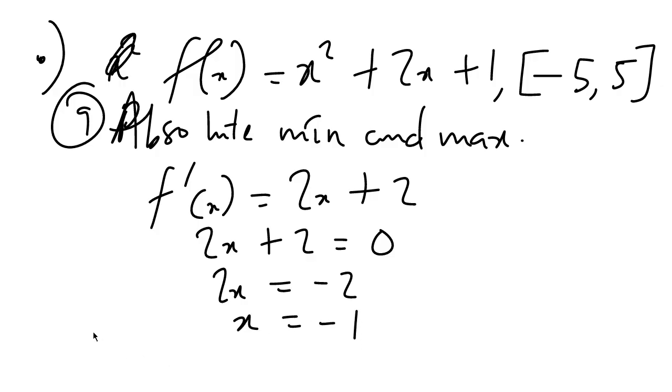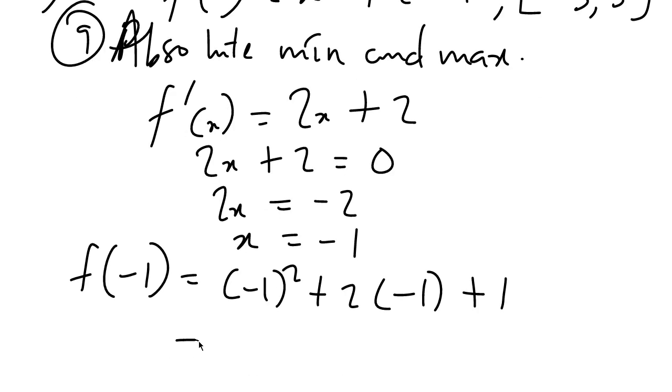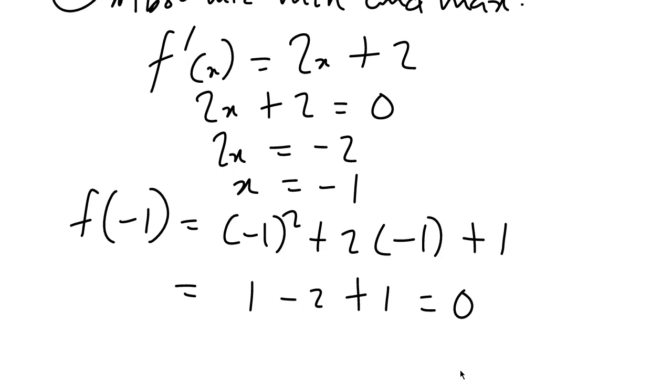Then at f of minus 1, you have minus 1 squared plus 2 into minus 1 plus 1, which is 1 minus 2 plus 1, which is 0. So the critical point is negative 1, 0.